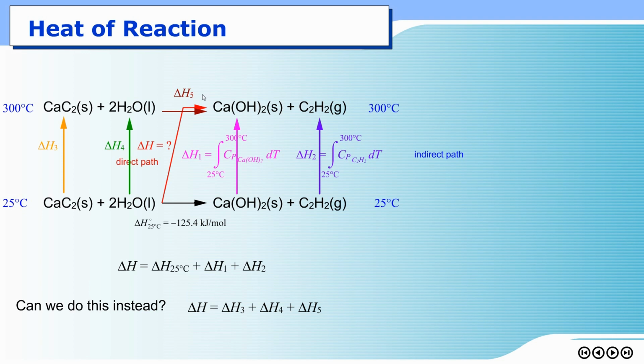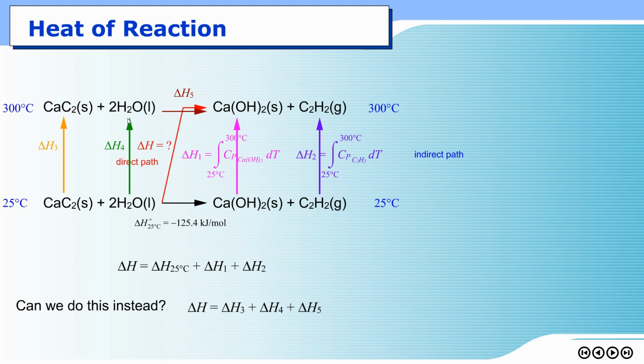The second one is not so obvious. The second one is the green line. If you look at the green line, basically we are converting water at 25 degrees Celsius to water at 300 degrees Celsius. But here it is stated that water must be liquid. Can you see the problem now?